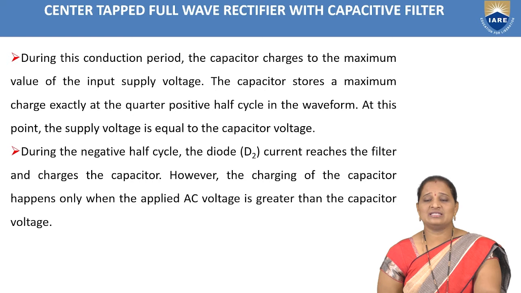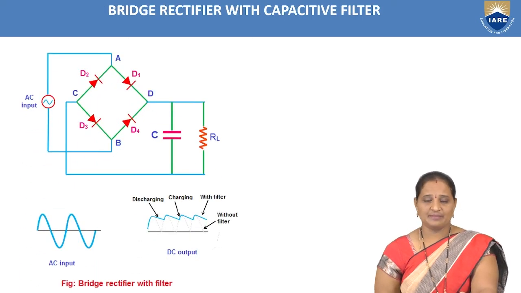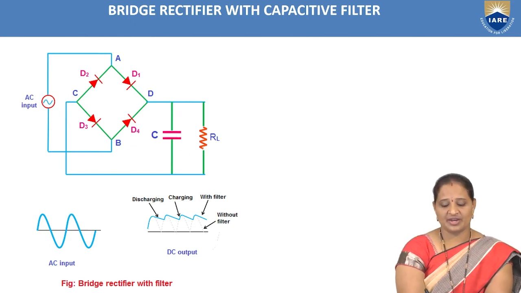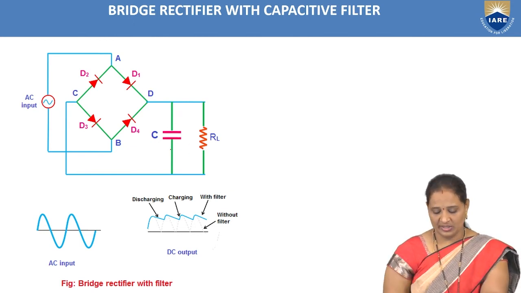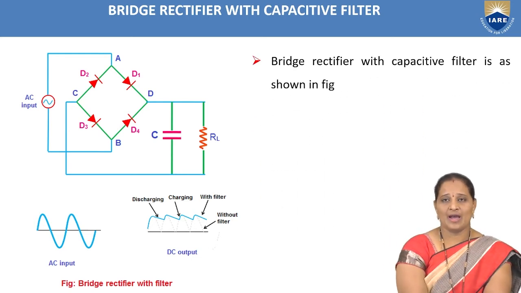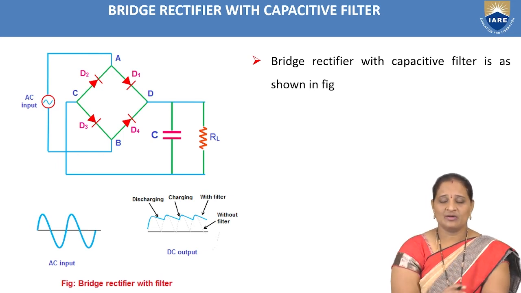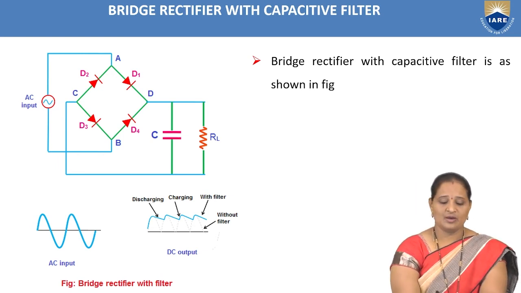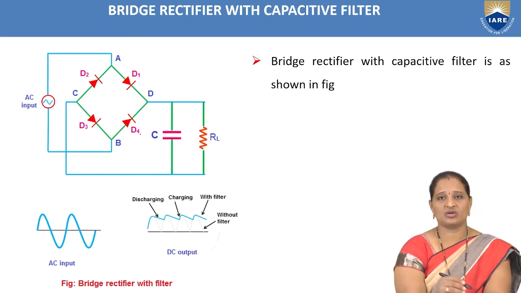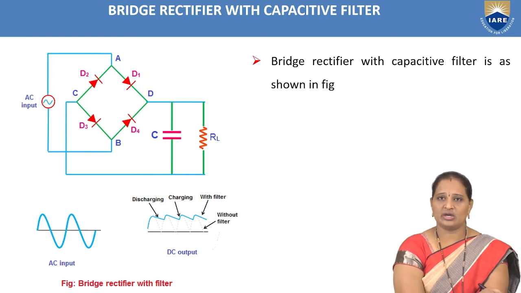Now, let us see the bridge rectifier with capacitive filter. So this is a bridge rectifier. Again, the capacitor is connected in parallel with the load resistor. Here again, the same output appears across the load resistor, same as the center tap full wave rectifier, because during the positive half cycle, two of the four diodes will be conducting, and the remaining two diodes will be non-conducting.